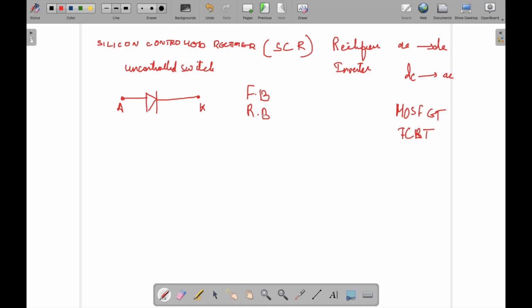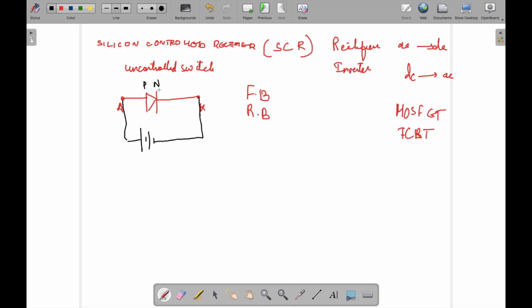In forward bias operation, we connect a DC source such that the positive polarity is connected to the anode, and the negative terminal of the source is connected to the cathode. This diode is basically a PN junction device, so we have the P region on this side and the N region on this side.